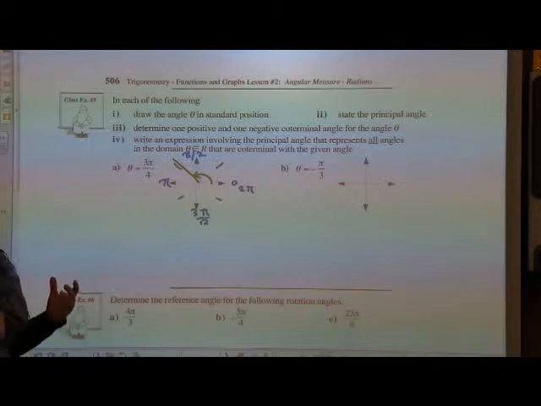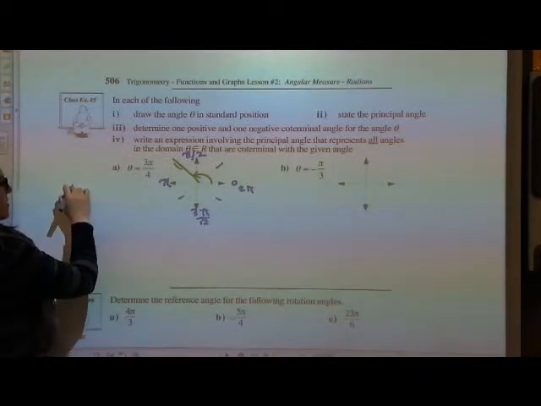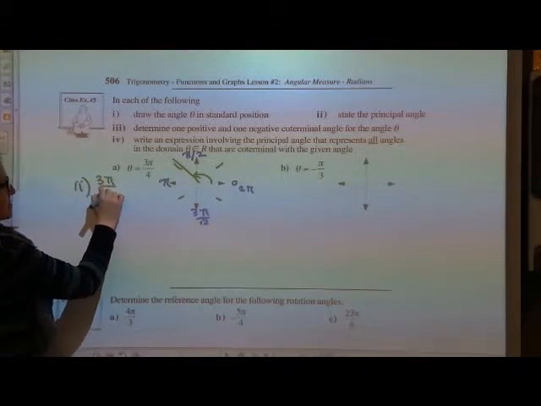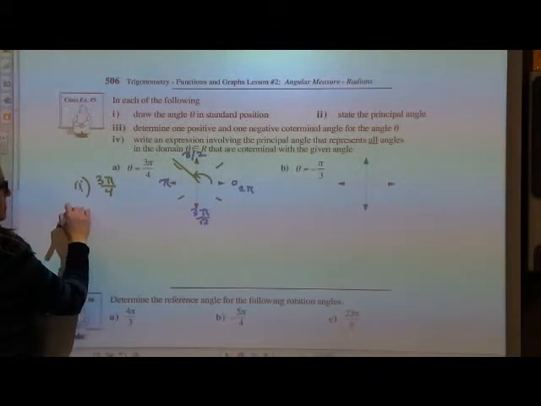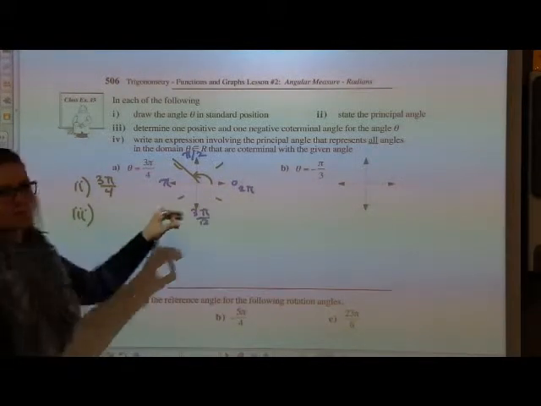So this is the angle in standard position. The principal angle is that positive angle, so the principal angle would be the same thing. And then those coterminal angles I get by adding or subtracting multiples of 2 pi.